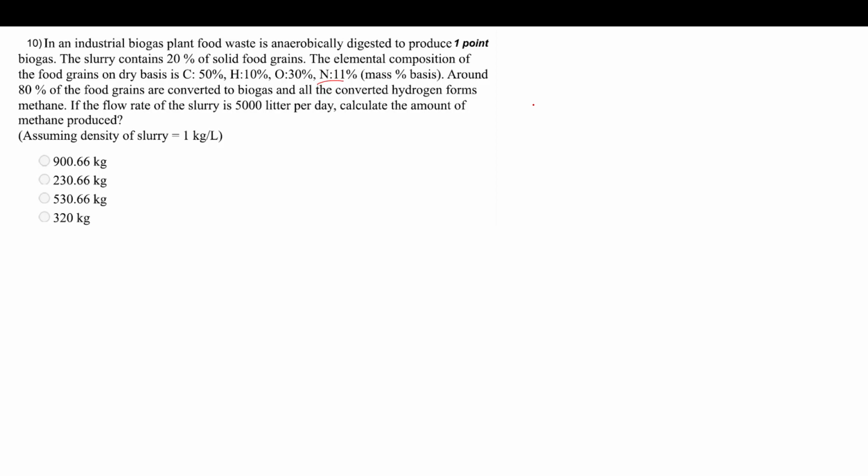Flow rate Q is given as 5000 liter per day. Yeah, so flow rate of the slurry which is given as 5,000 liters per day, right? So next, input is 20% solid. So this is the slurry which is fed to a biogas plant.